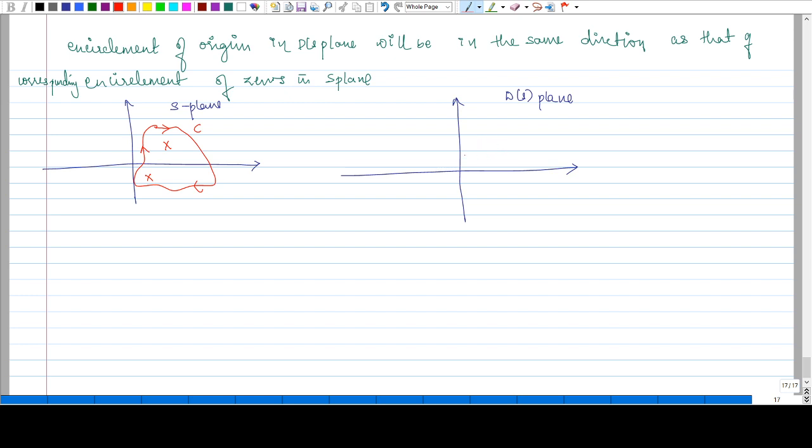Now this D contour will encircle the origin twice, but in the opposite direction. So if here you have clockwise direction, then this will be in the anti-clockwise direction. So in the anti-clockwise direction, it will encircle the origin.